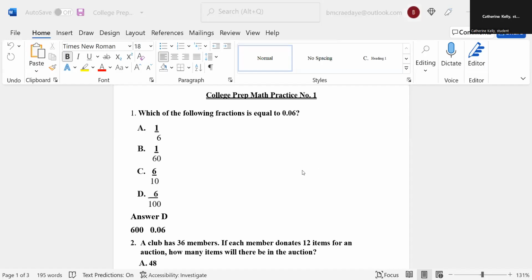Okay, now Catherine, this is going back to place value, right? Yes. Now, let me just give you a number here. 4.580. Now, 4 is in what place? 1,000.